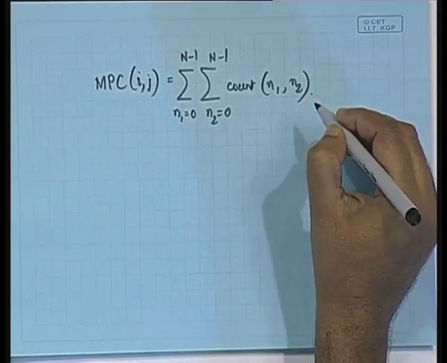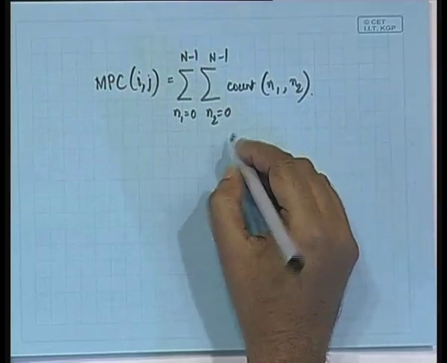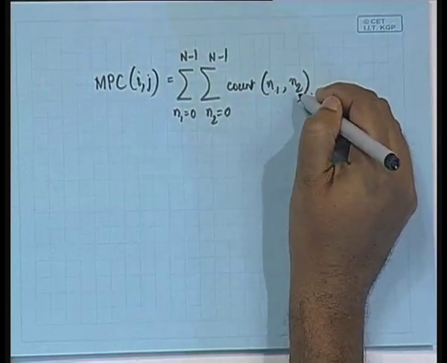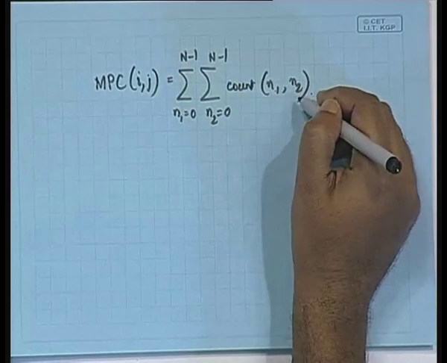We find this measure over all values of n1 and n2 belonging to the block. If we are taking an 8 by 8 block, we add up the count over all 64 pixels. What should we look for to get the motion vector? Earlier, with MAD or MSE, we looked for the minimum measure.